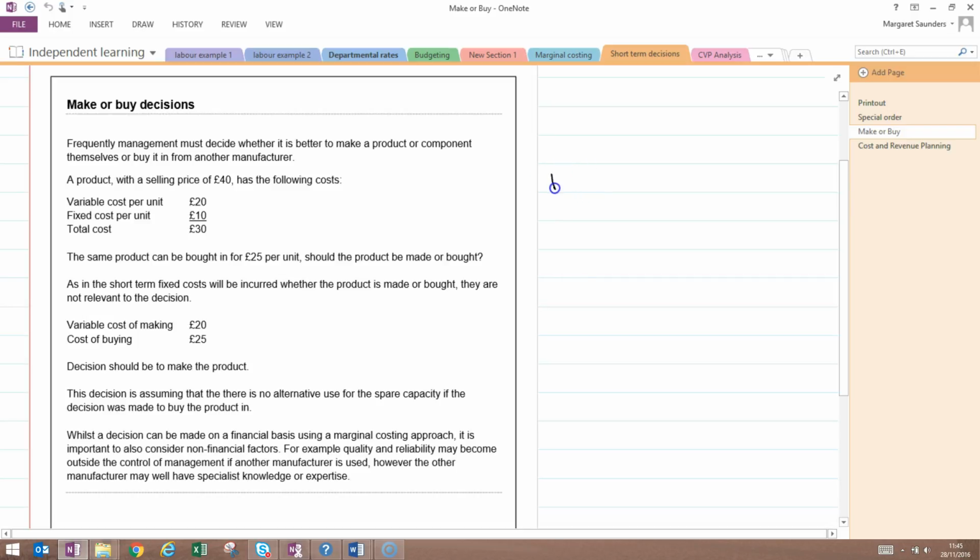Making the product has variable costs of £20 a unit. So those are the costs that will be incurred if the product is made and will not be incurred if the product is not made.